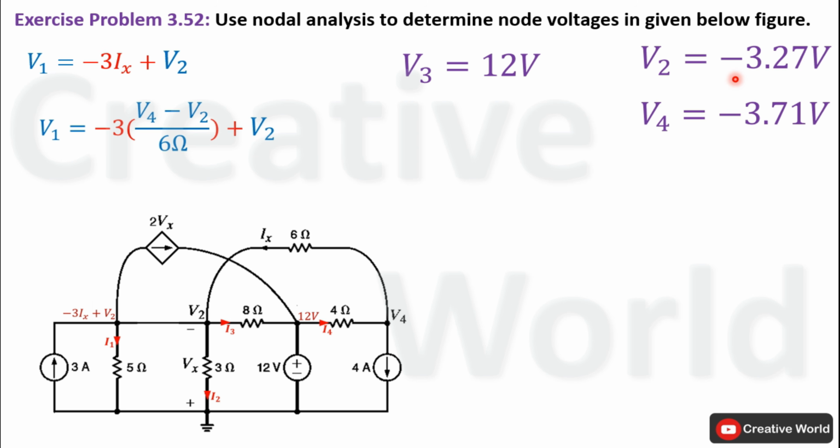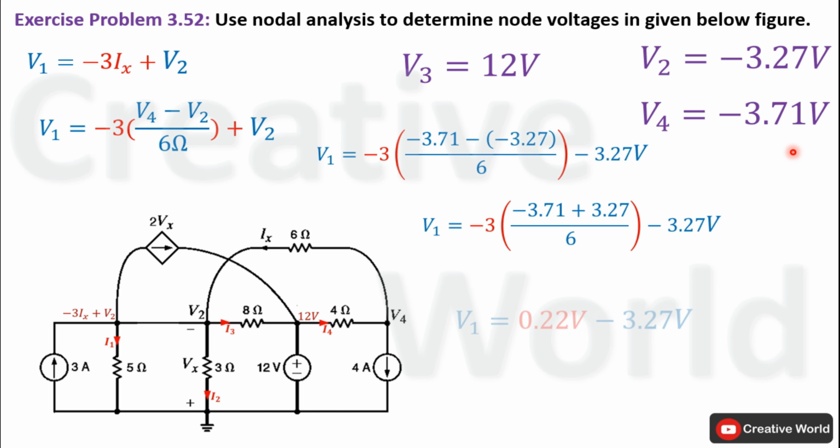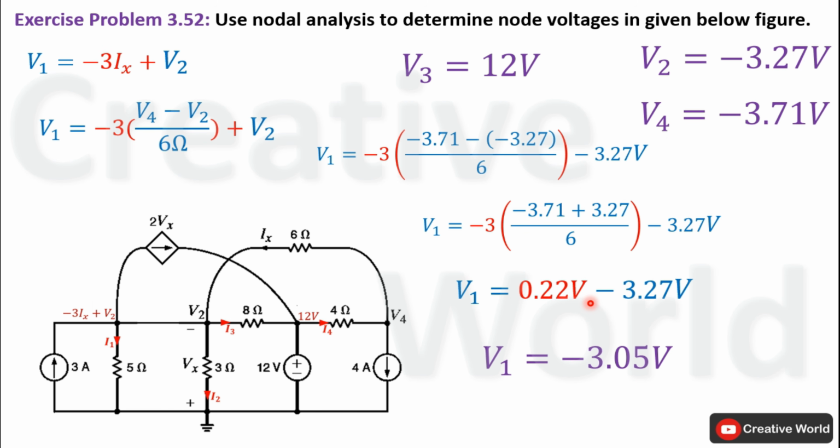V2 is equal to minus 3.27 volt and V4 is equal to minus 3.71 volt. Solve this equation. We will get V1 equal to 0.22 volt minus 3.27 volt. Add these values together and we will get the value of V1, that is equal to minus 3.05 volt.